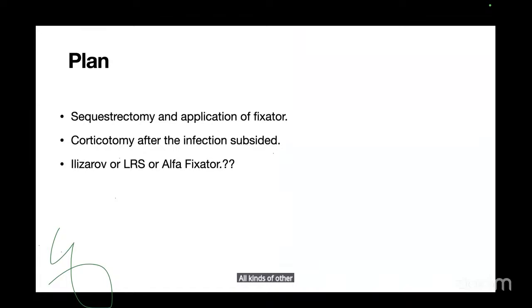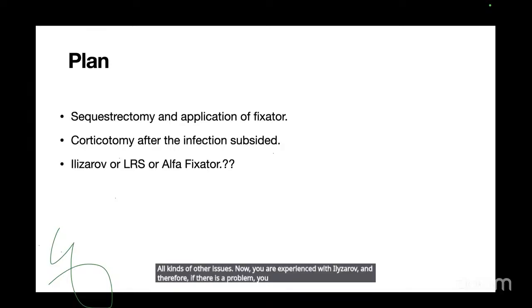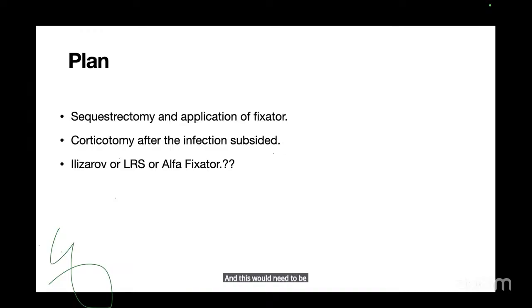Now, you are experienced with Ilizarov, and therefore, if there is a problem, you can sort of get away from it. But this is not something that I would necessarily recommend, excising so much bone just for that pain. This would need to be looked at in more detail in terms of where that pain is coming from, what is the cause, and then accordingly treated.